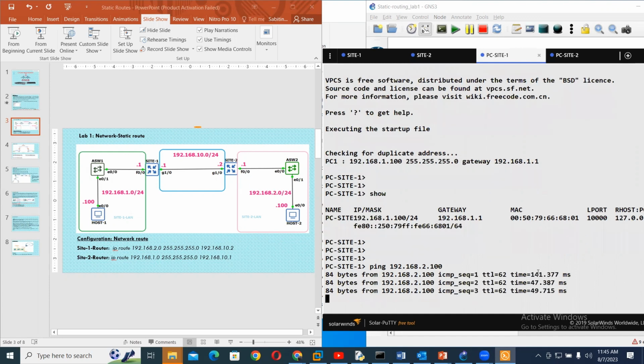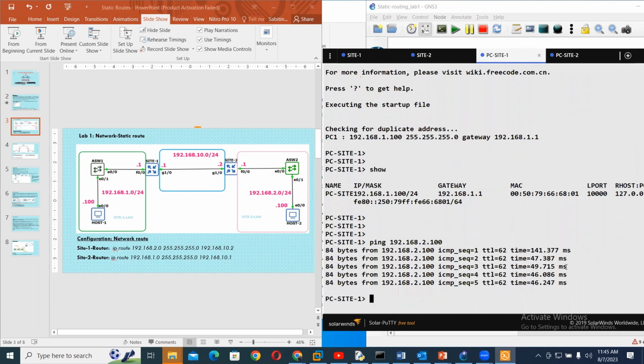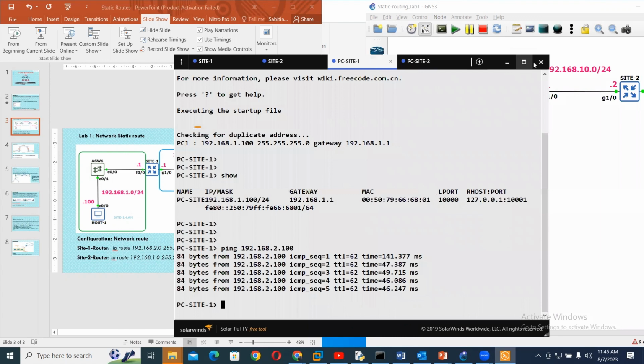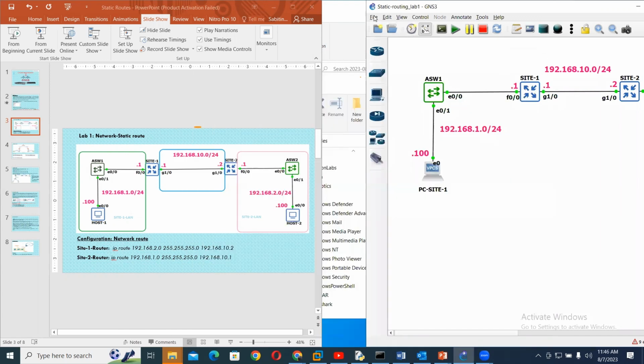Yes, you can see that I can now access host 2 because we have configured the static routes between the routers. I think we are good. Let me move on to the next lab.